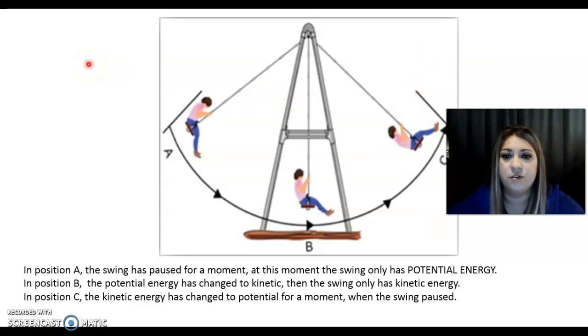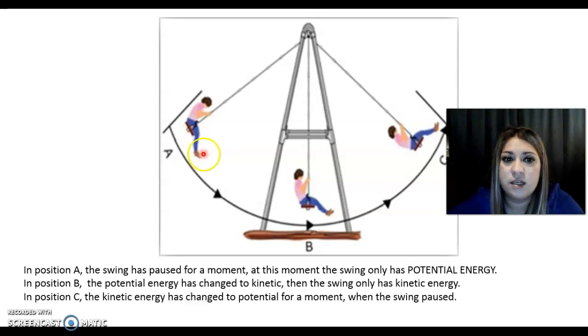Here's another example for you. Here is an example of a student or a small child on a swing. In position A, at this moment right here, the swing is not moving. It is paused for just a brief moment. So we know that that swing has potential energy at this moment.